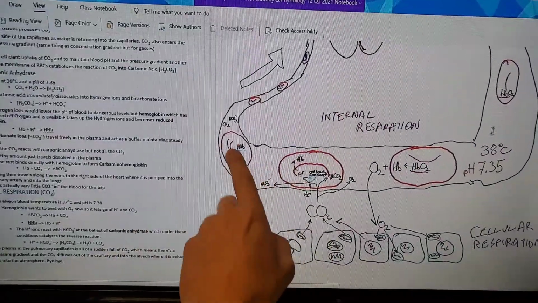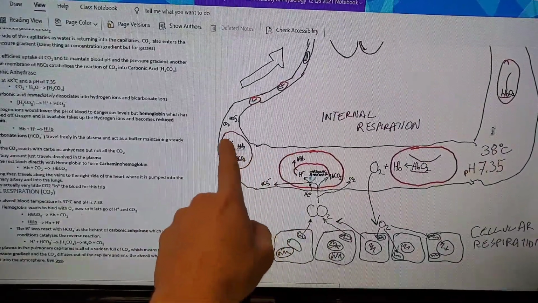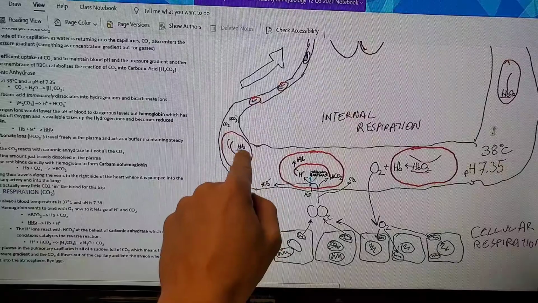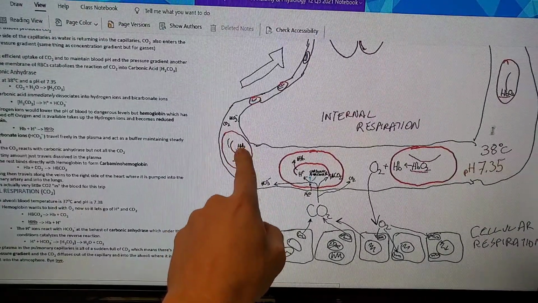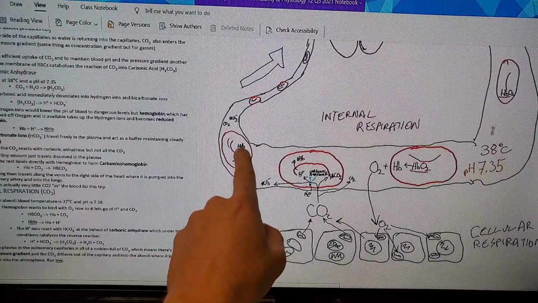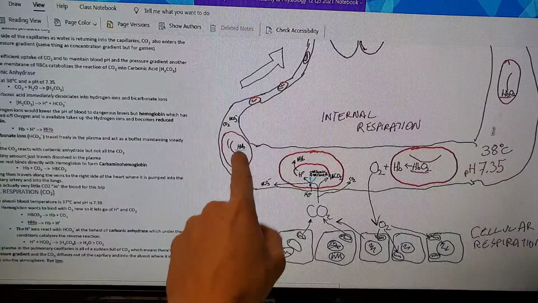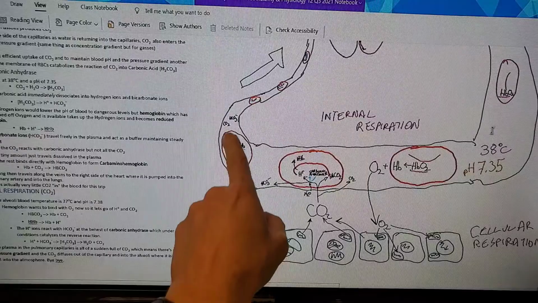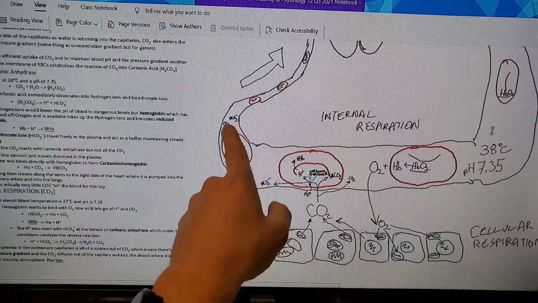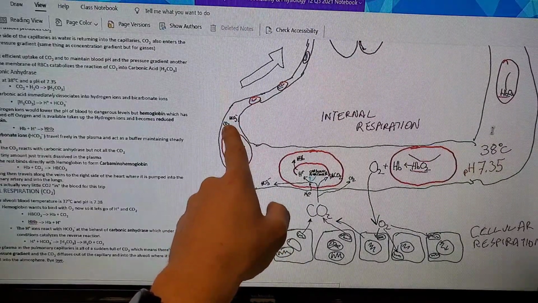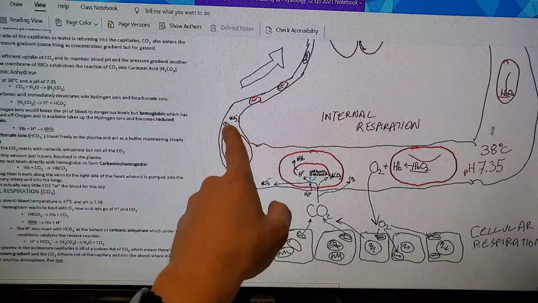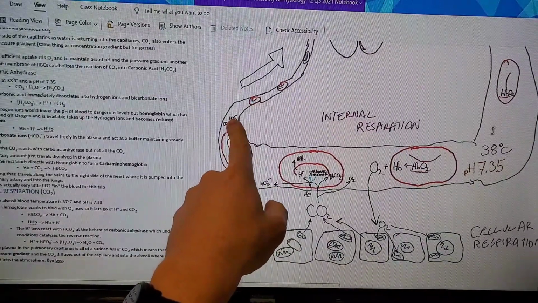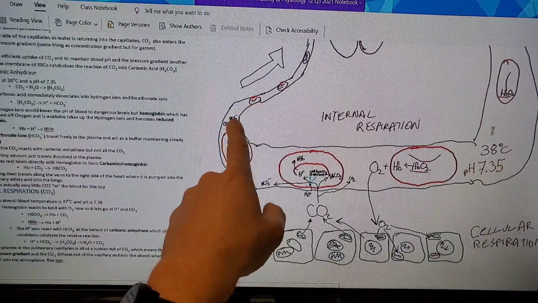Okay, moving on. So our red blood cells are now carrying reduced hemoglobin on their surface, which has the hydrogen ions, HHb, and carbaminohemoglobin, HbCO2. And there's also carbon dioxide in the plasma, just bubbles of carbon dioxide dissolved in the plasma. And there's the buffer bicarbonate.